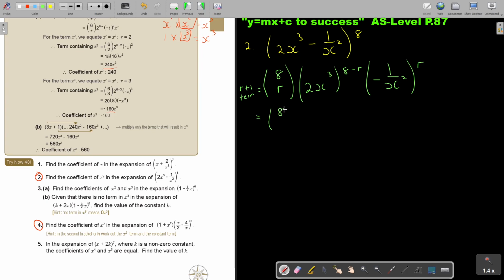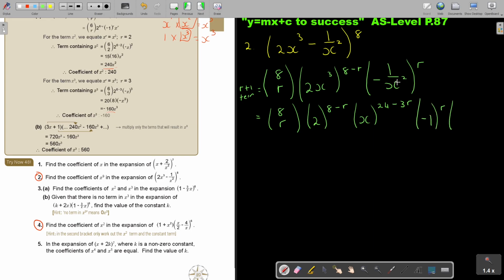Now, this is 8 over r. And if I simplify, I break it up, the coefficients and the variables. So it's 2 to the power 8 minus r, and then it's x. Now, 3 times 8 is 24, minus 3r. Now, break this one also up. Take the minus 1 and give it its r.